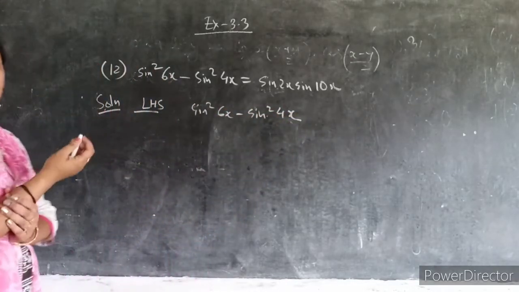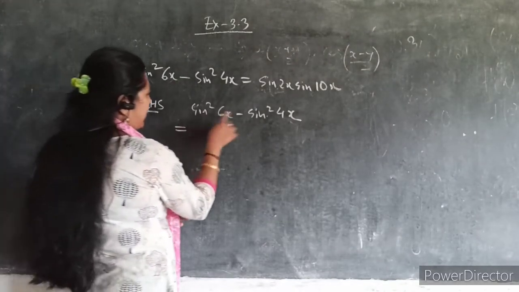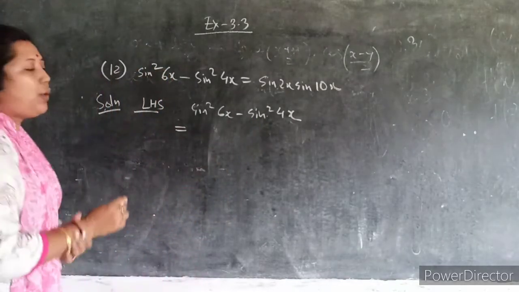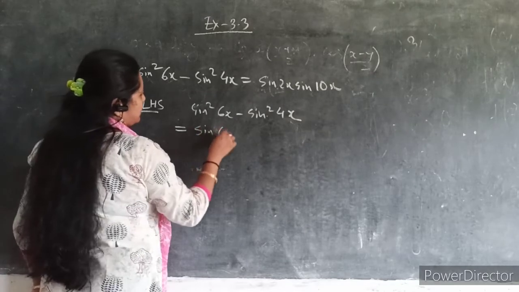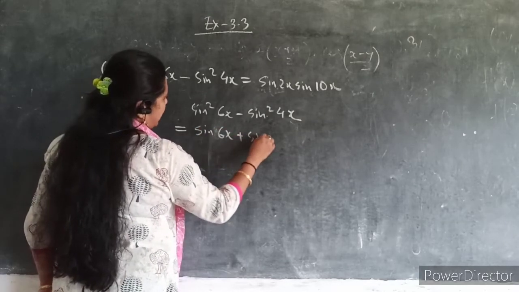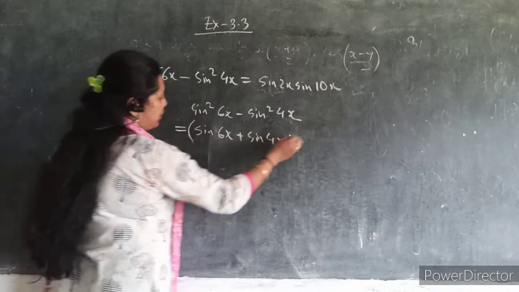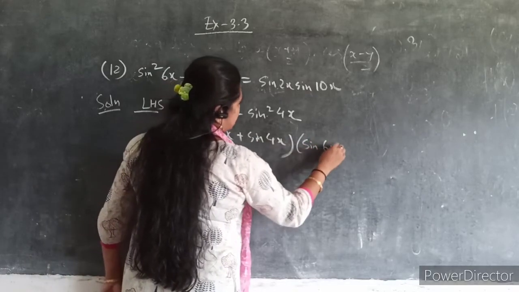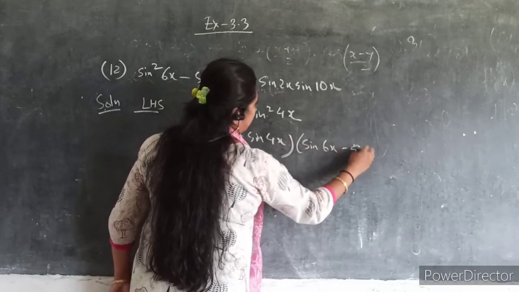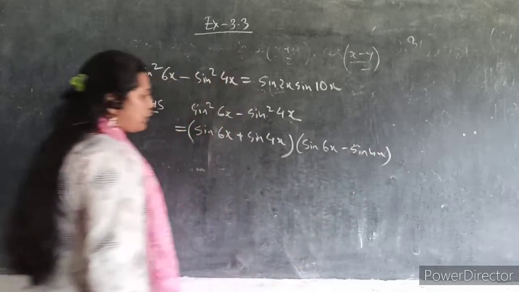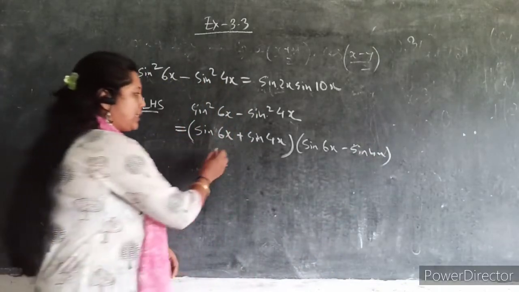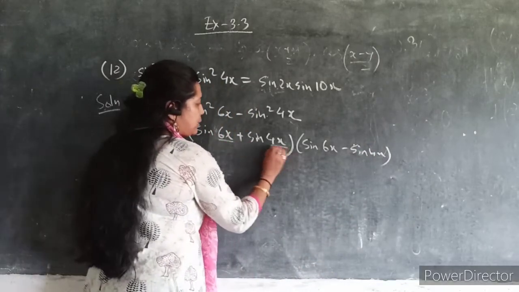This comes under the a square minus b square identity, where you can use (sin 6x plus sin 4x) into (sin 6x minus sin 4x). In this, the first part is x, and the second part is y.